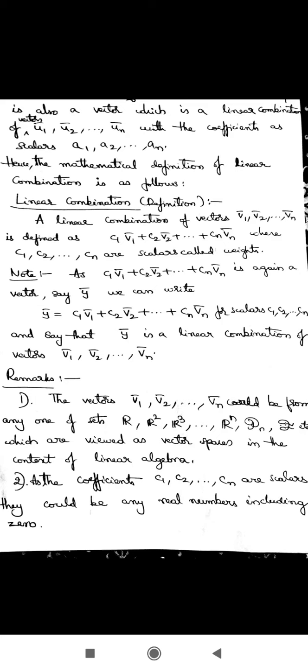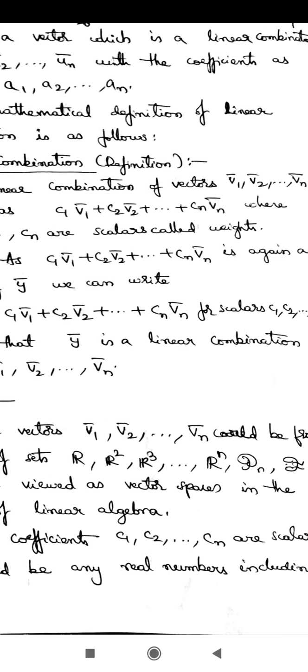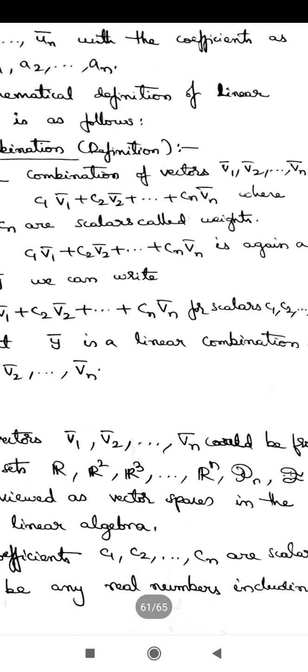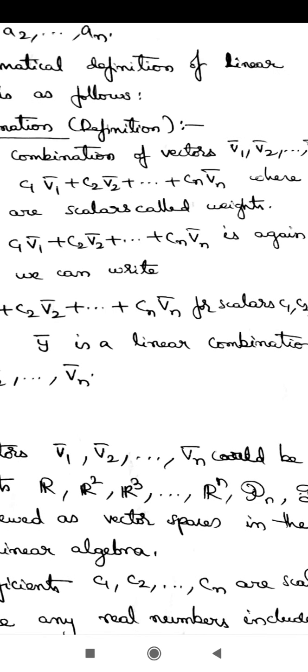And one more thing, how many linear combinations can we get for the vectors v1, v2, so on vn? If c1 v1 bar plus c2 v2 bar plus so on plus cn vn bar is treated as the linear combination of the vectors, then how many linear combinations are there?